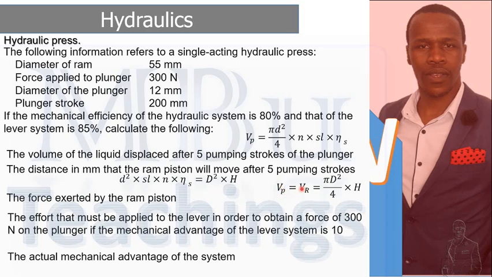So that means 90,477,868 will just be in the place of VR right here. You have 55 squared there, you have pi over 4 on this side, and then you have your h. You can just make h the subject of the formula, and then that will be the answer for h.